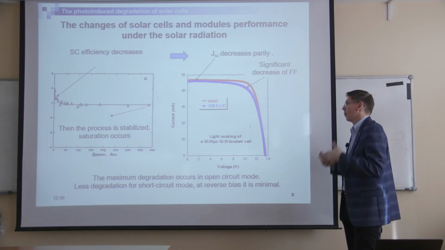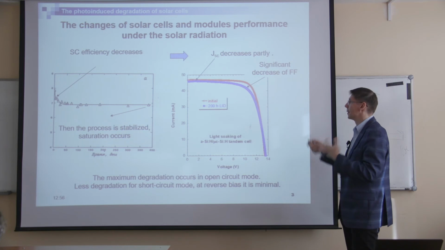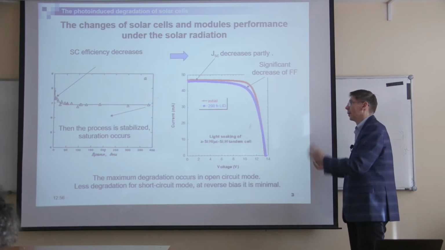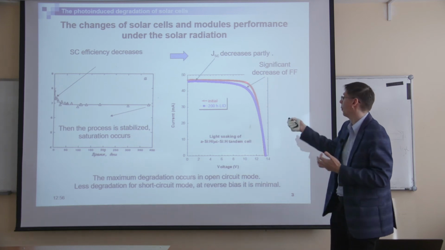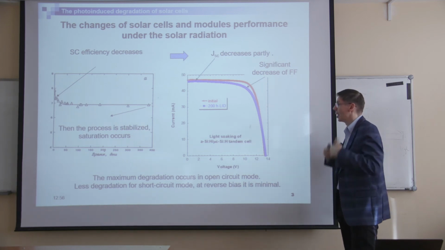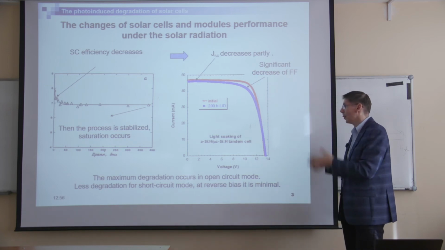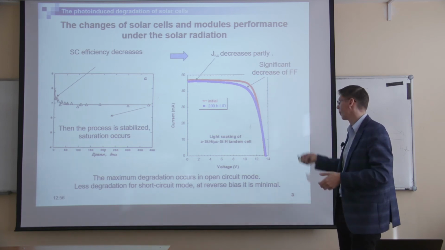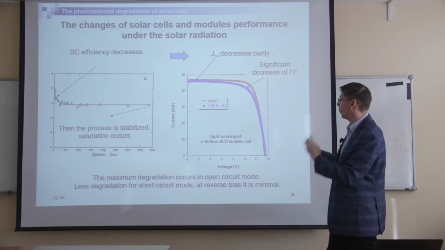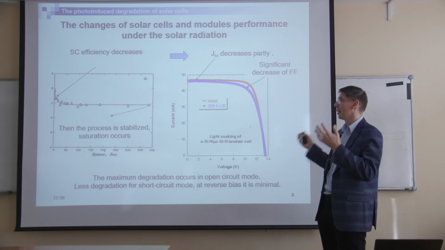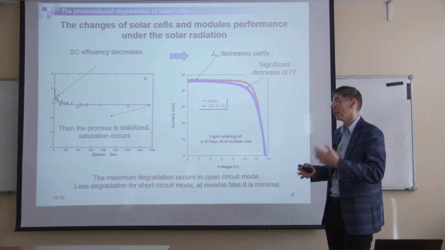So you can provide the equivalent of light-induced degradation just by the current in the dark. So if you are in some direct bias, you provide some current and you get some recombination, and then it would be a similar effect.